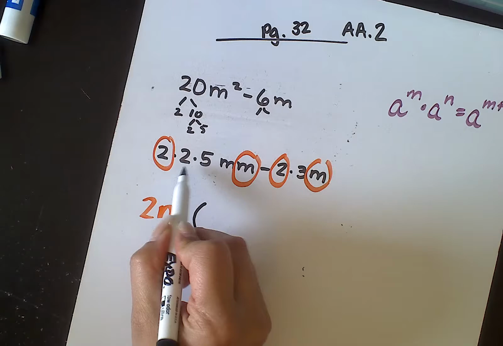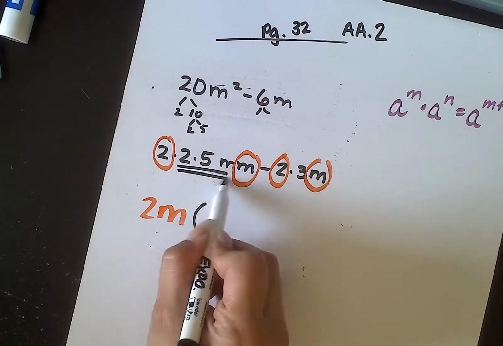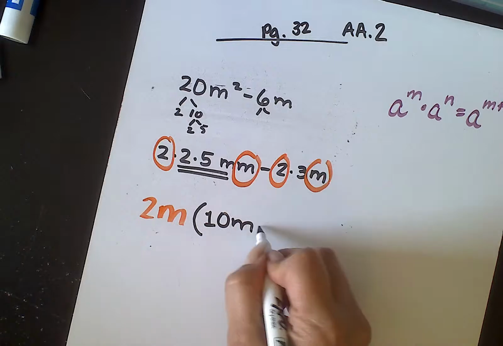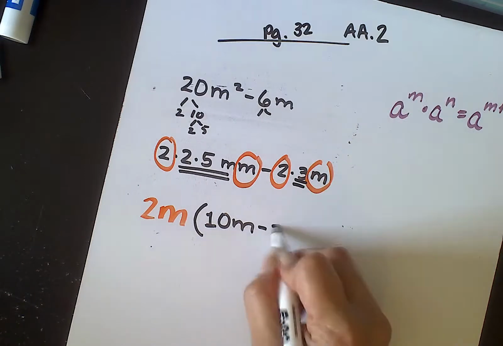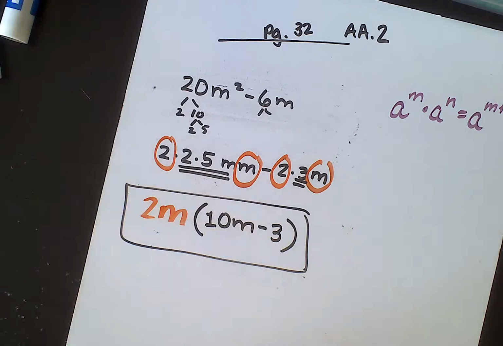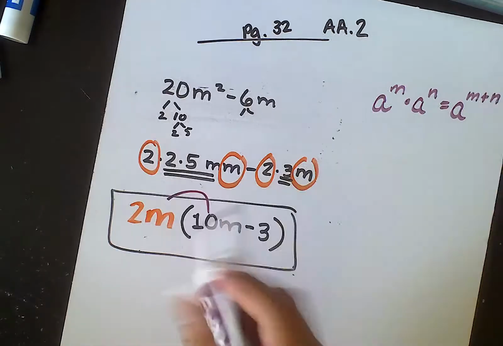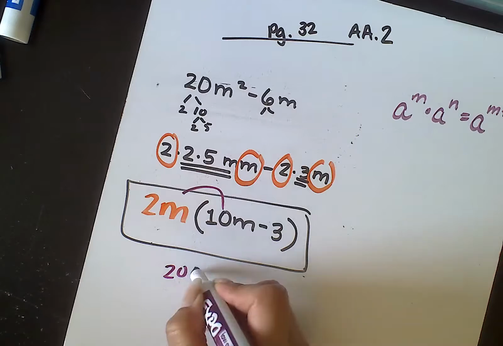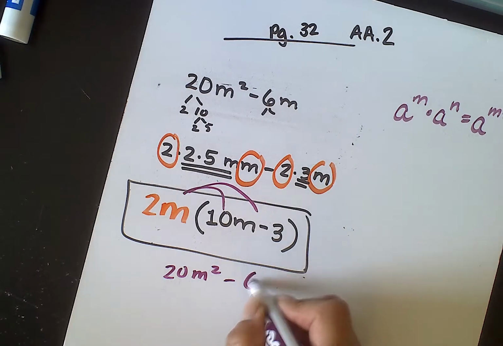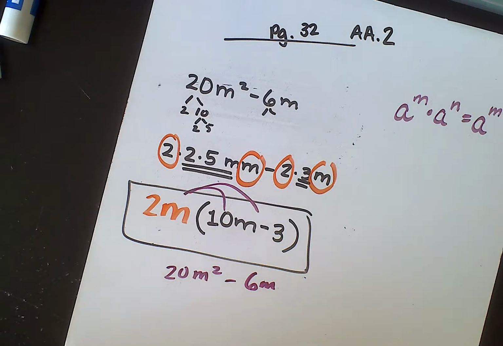and what I have remaining here would be 10m minus 3. So let's double check my answer. That's 20m squared minus 6m. Perfect.